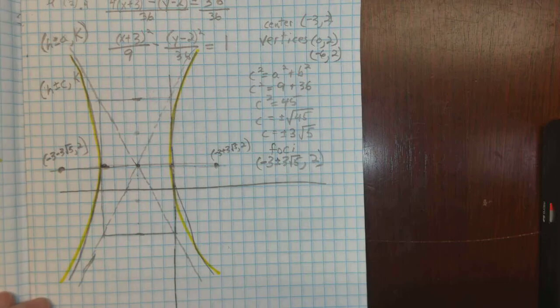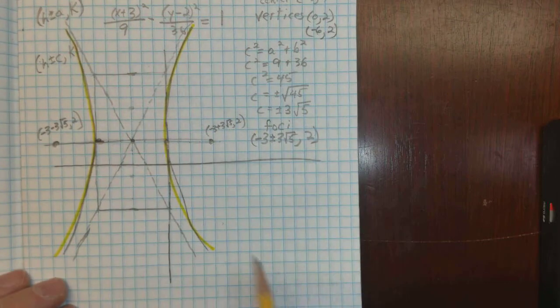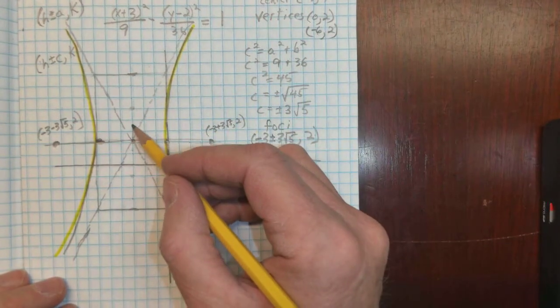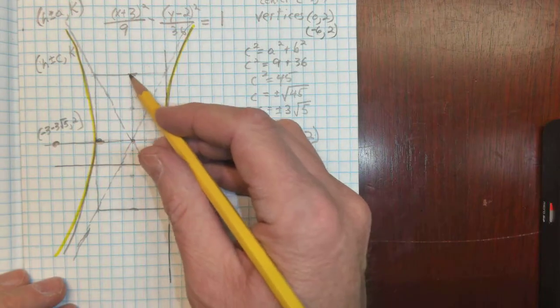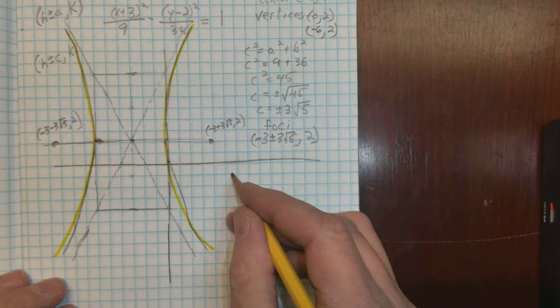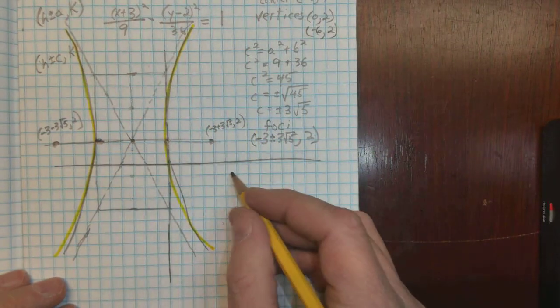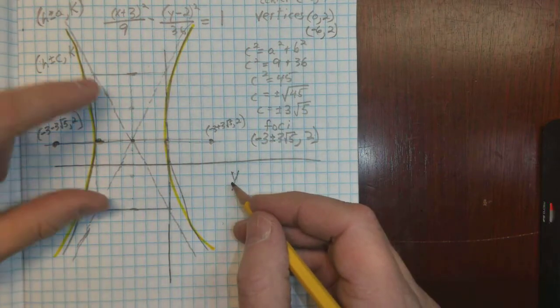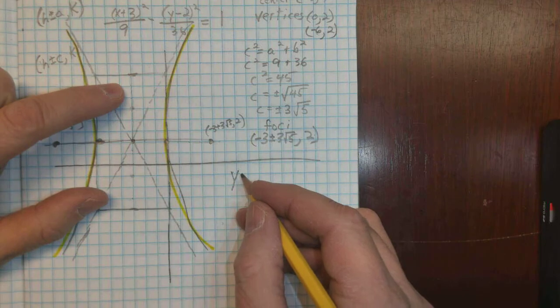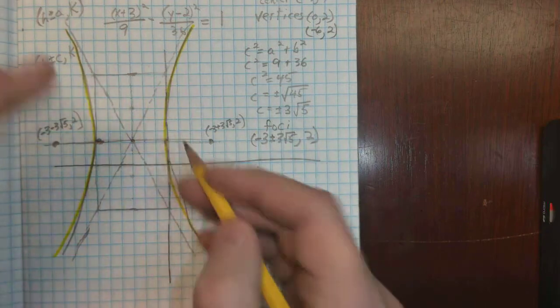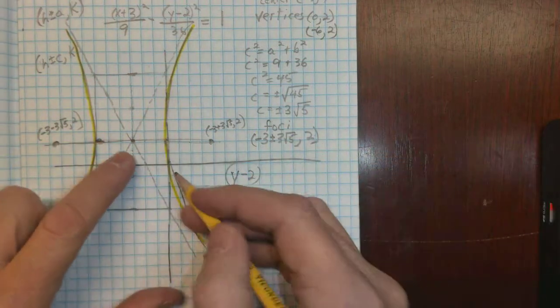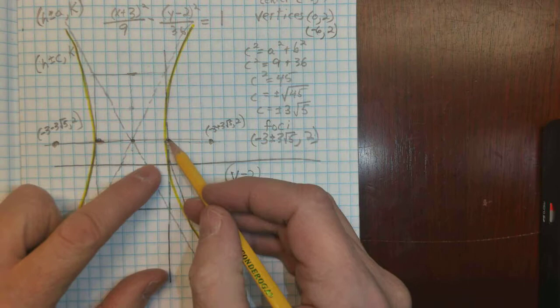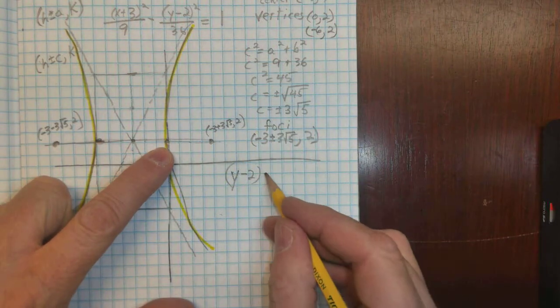All right, well, I got the foci. Now it's time for the asymptotes. And if you look at the slope, 1, 2, 3, 4, 5, 6, and 3, it's 6 over 3, which is 2 over 1. Y equals, oh, wait, y minus 2. If it were at the origin, it'd be y equals, but I'm shifting 2 units up, so y minus 2.